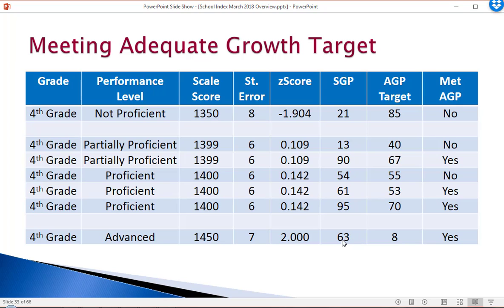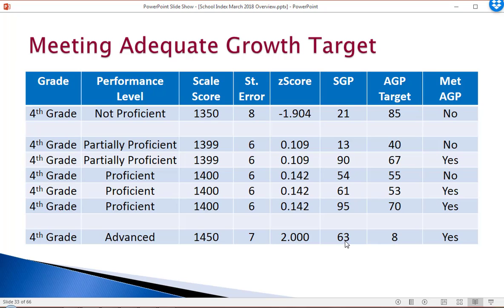Now what an adequate growth does is it says if they would have scored in the bottom 8% of the state, they still would have been on track to maintain proficiency because they're such a high achieving student.